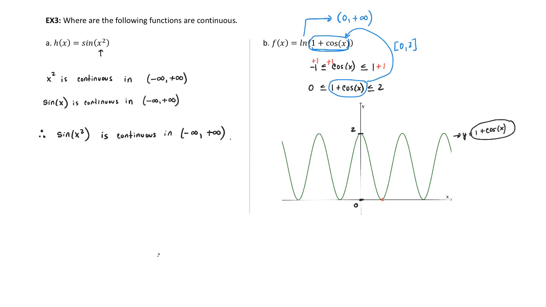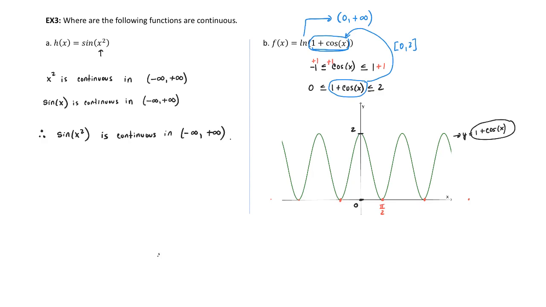The only issue with that is that 1 plus cosine is going to be 0 here, and then later on here, and here, and here, at infinitely many x values. These x values happen at pi over 2, and then every 2 pi n, so every other cycle, every period.